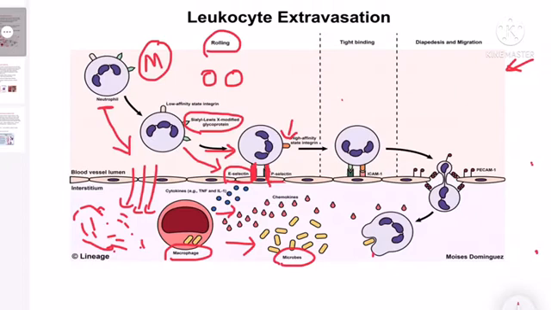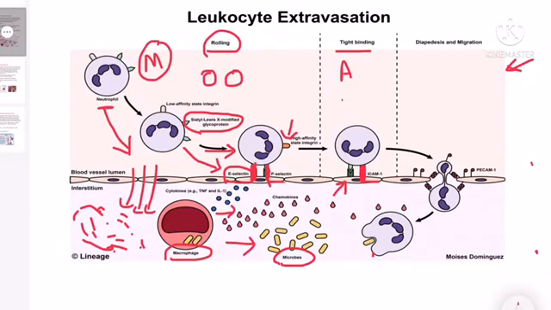This high affinity state integrin makes a bond with ICAM-1, and this bond is stronger than the bond formed between the selectin and the Sialyl-Lewis X. Because of this bond, there will be adhesion, a tight bonding. This is what we call tight bonding or adhesion.